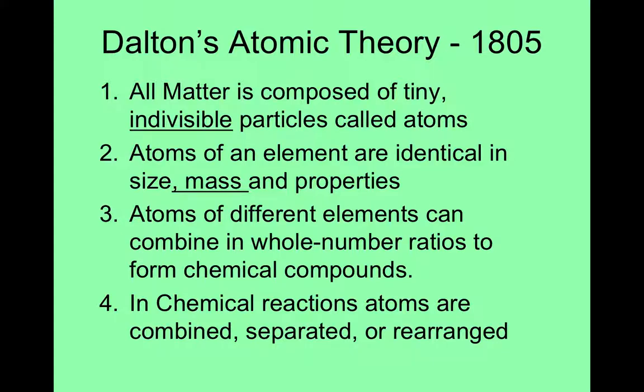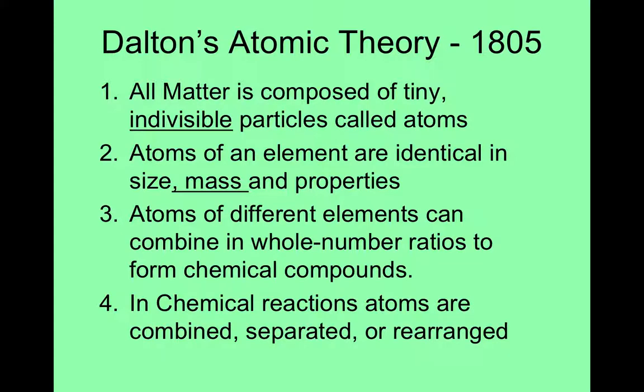And he came up with these basic rules, or kind of tenets, of the atomic theory. He says that all matter is composed of tiny, indivisible particles called atoms. Atoms of an element are identical in size, mass, and properties. He also said that atoms of different elements can combine in whole number ratios to form chemical compounds.